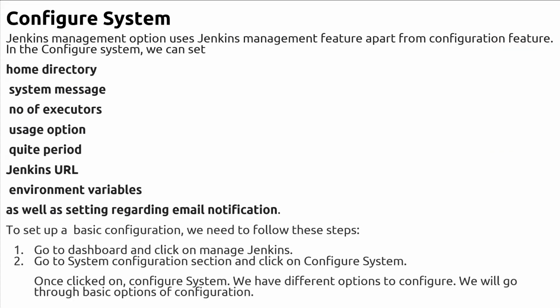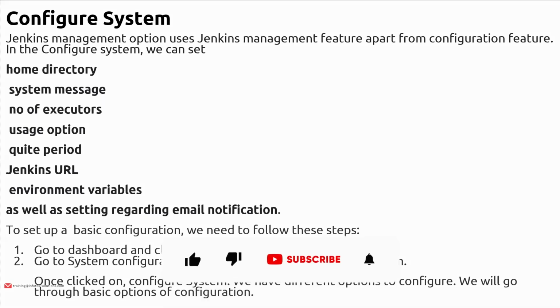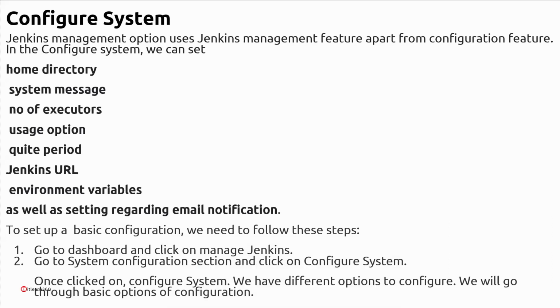Jenkins management options use Jenkins management features apart from the configure feature. In the configure system, we can set the home directory, the system message, number of executors, users options, quiet period, Jenkins URL, environment variables, as well as settings regarding email notifications.